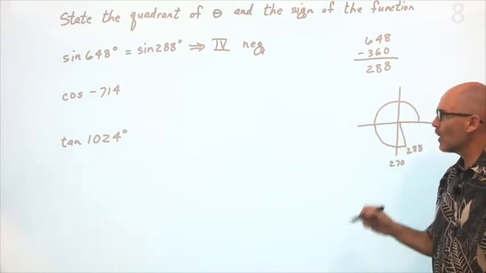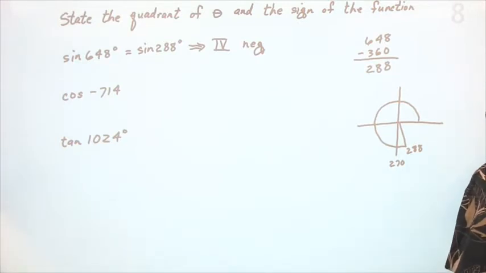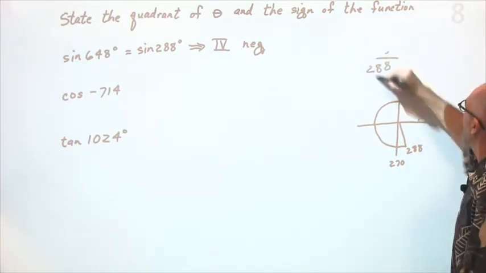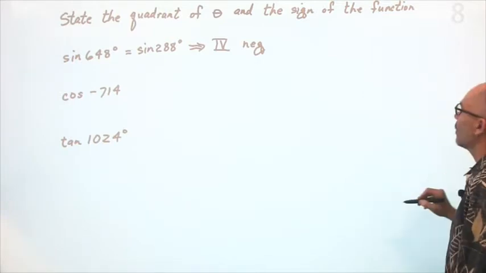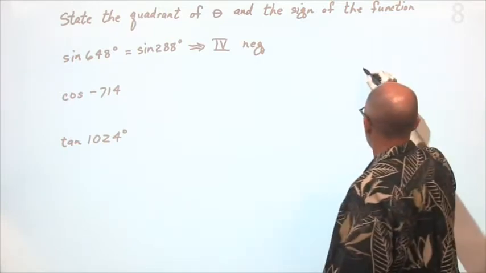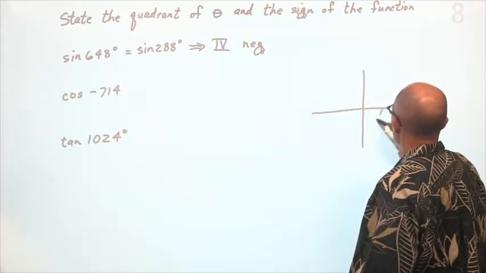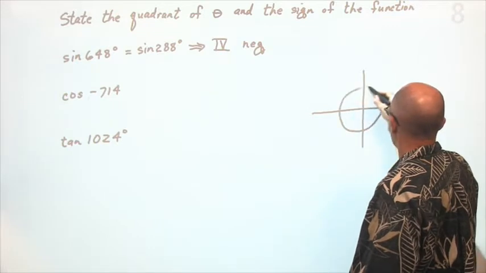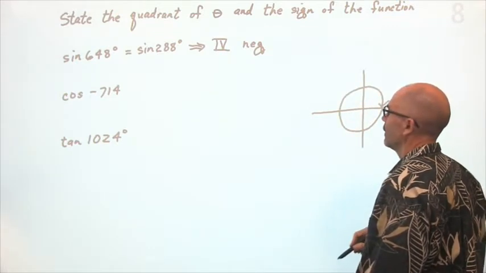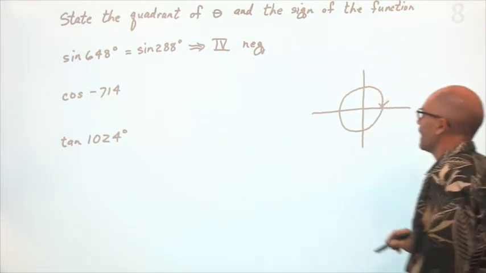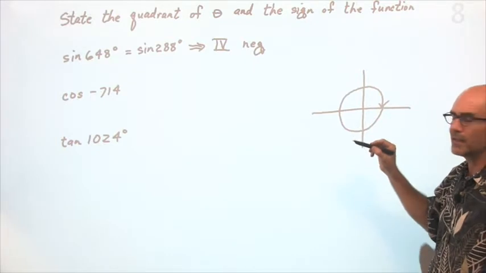All right, now, cosine of -714. Now, what I do with the negative is it's got to go the opposite direction. So if I'm going negative, that means I'm counting my angle this way. So there's -360. Now, I need to keep going because I still haven't gotten into positive angles yet.